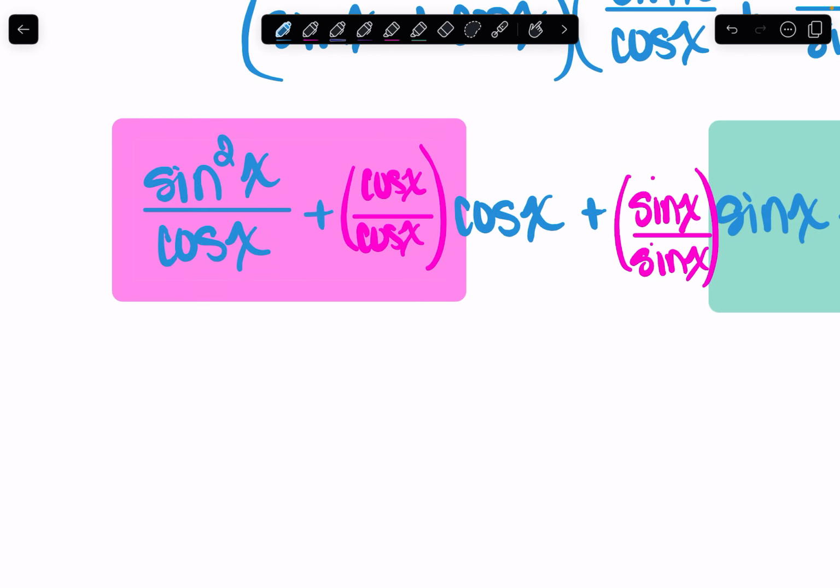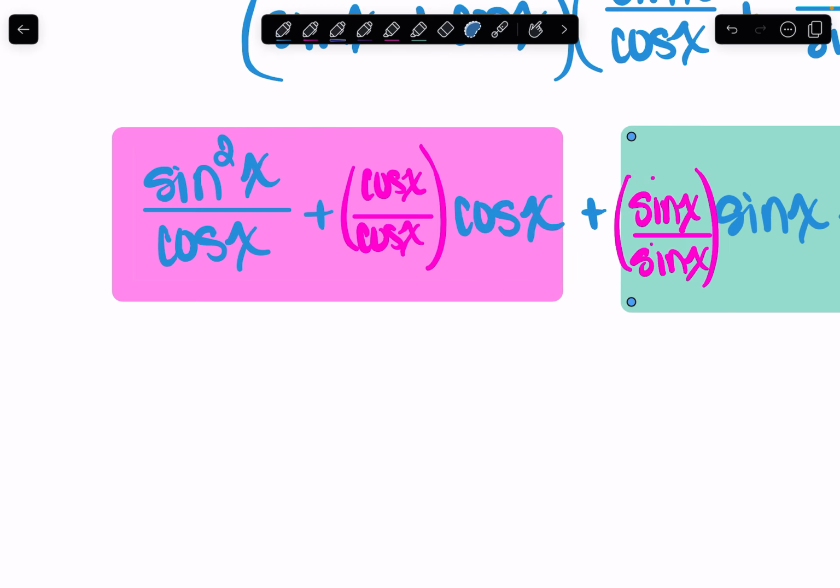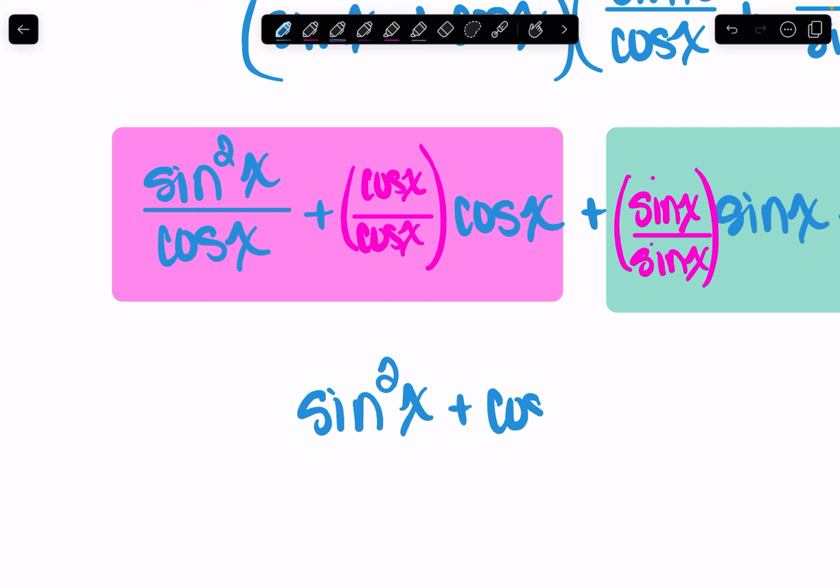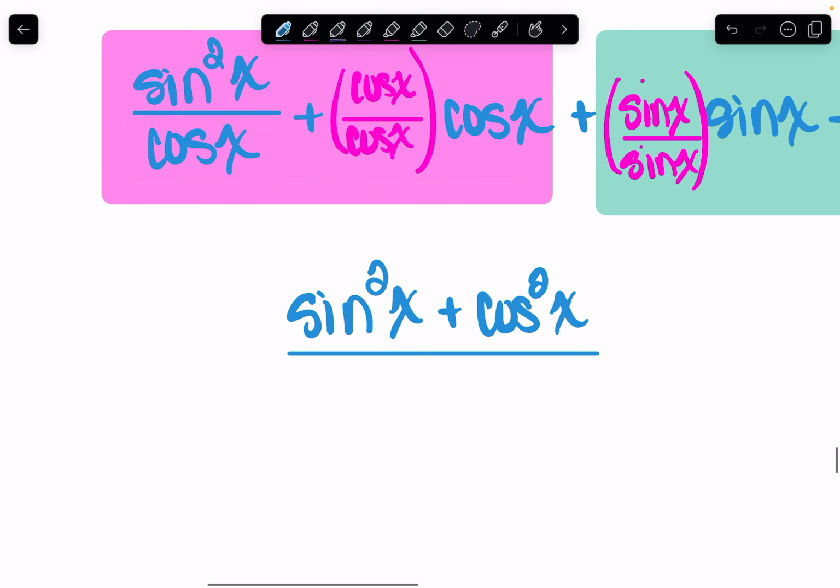All right, so from the pink area, let's go ahead and extend it to match all of that. And we'll extend that one. We're going to get sine squared plus cosine squared, look at that, over cosine x.